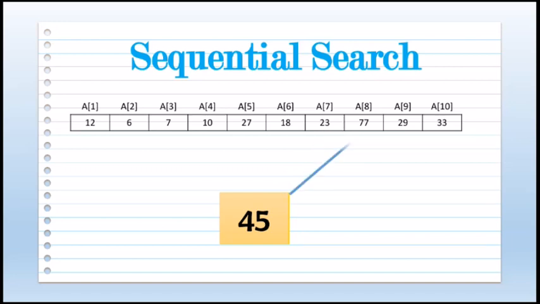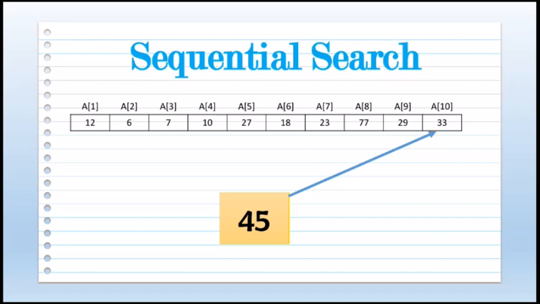The next element is 77. Is 77 equal to 45? No. The next element is 29. Is 29 equal to 45? No, again the condition is false. The next element is 33. Is 33 equal to 45? No, again the condition is false.